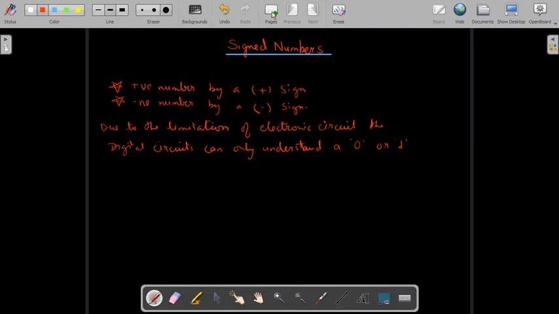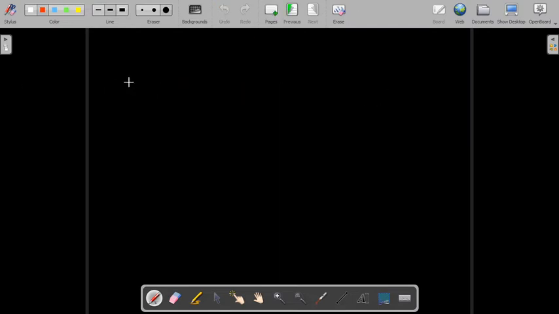Now take an example. As in unsigned numbers, suppose this is a number here, 01001 in binary. This is equivalent to plus 9.